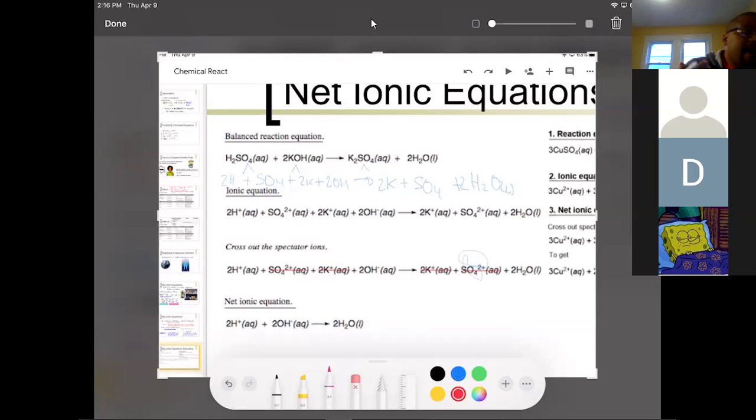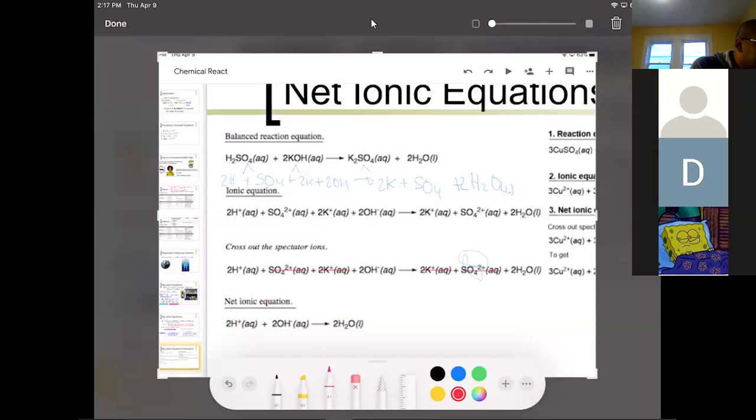All right, so now what we just did is this ionic equation part. I'm just going to keep going through the blue part on the top. What I'm about to do is cross out spectator ions, which are called that because they're a part of the equation, but not part of the equation that we care about.